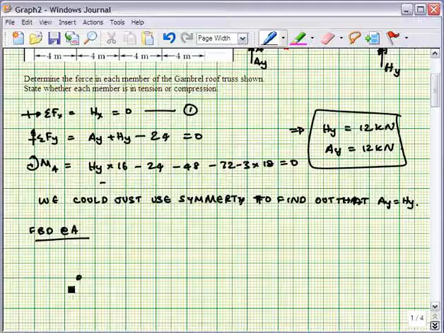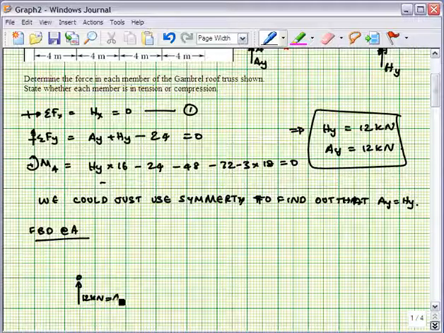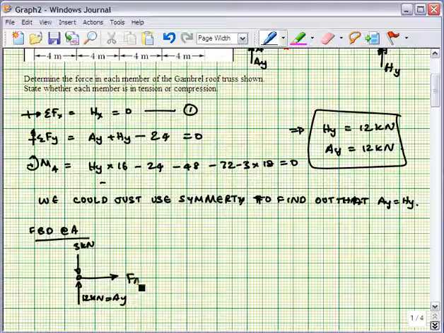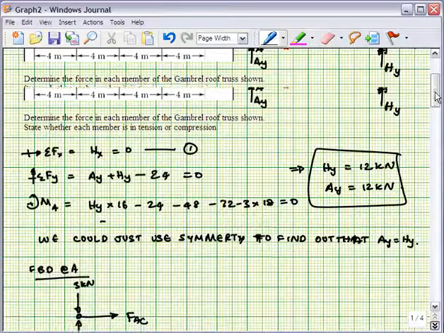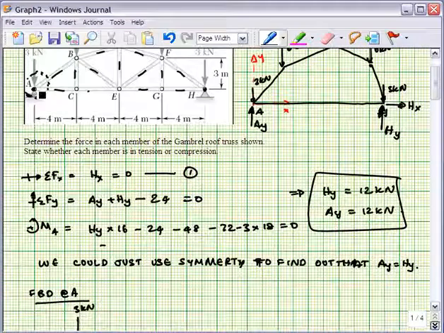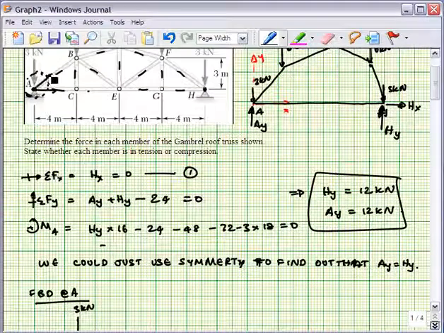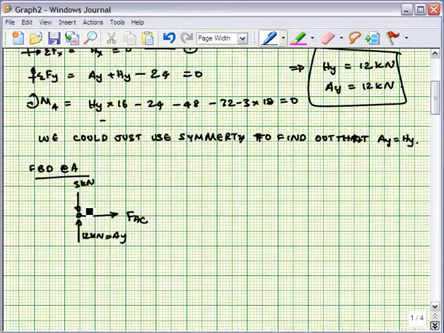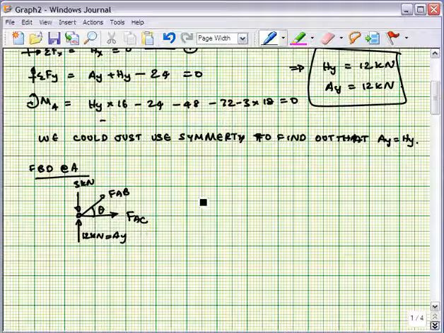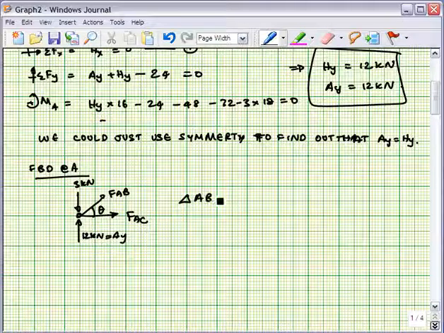Here's the point A, here's the 12 kilonewtons, that's AY, there's the external applied force of 3 kilonewtons, then there's the force FAC. If you go up here you'll see FAC and then FAB. So I'm going to draw this vector and that vector. I'm going to draw FAB, and to find this angle theta, notice that the triangle ABC looks like this.